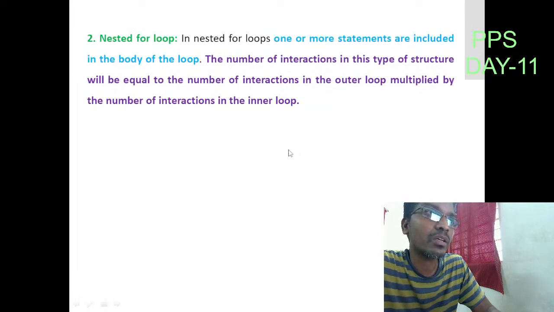Whenever the inner for loop condition is false, it goes to the outer block. That means the outer loop's i value will be incremented by 1, and again it will start checking whether the condition is true or false. If the outer condition is true, then again it will enter into the inner block. Like that the statements are executed in nested for loops.